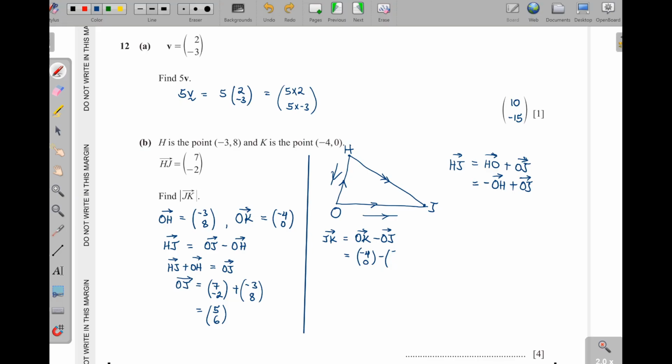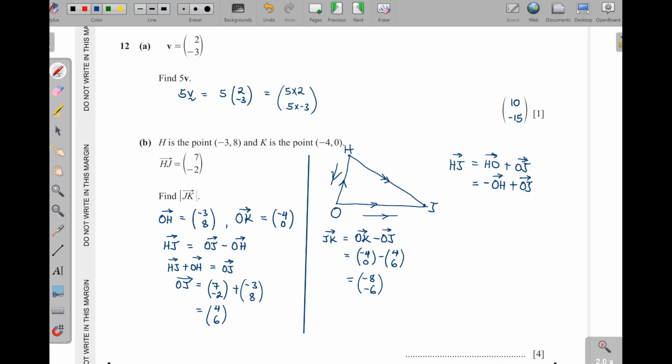I think I must have missed here. Pardon me. 7 minus 3 must give us a 4. This one is a 4. So we shall have 4, 6. Now, -4 minus 4, that will give us -8. And then 0 minus 6, that's a -6.